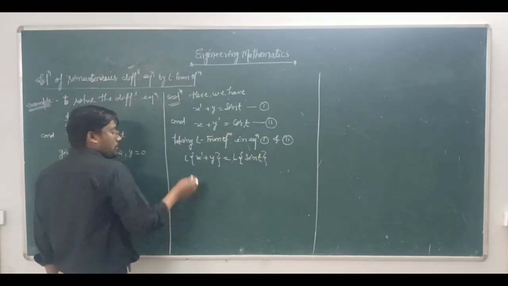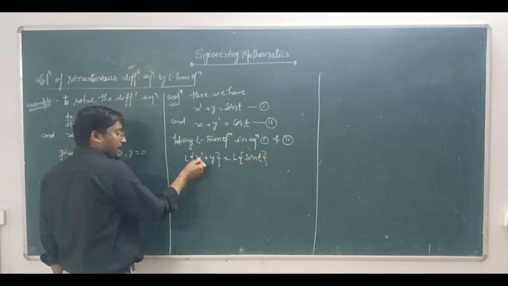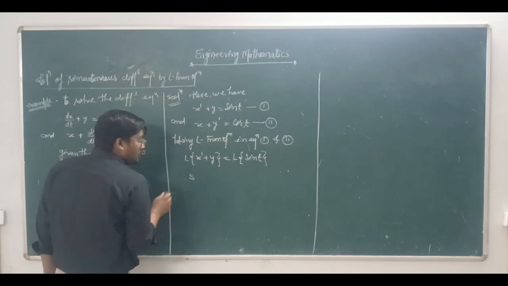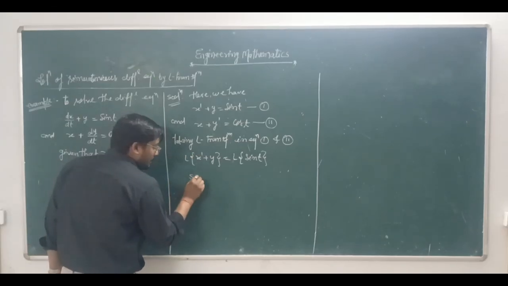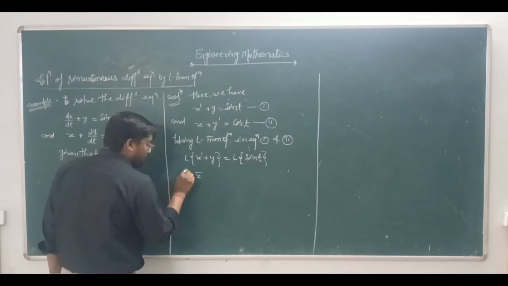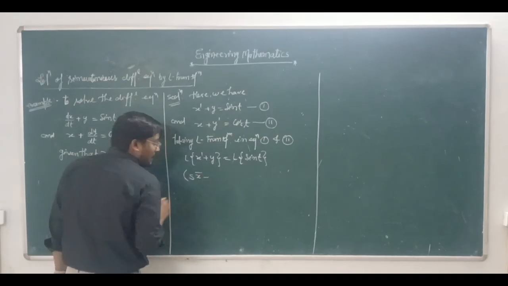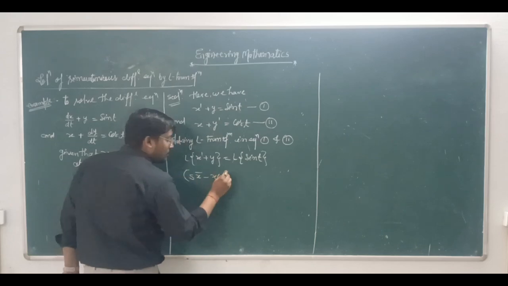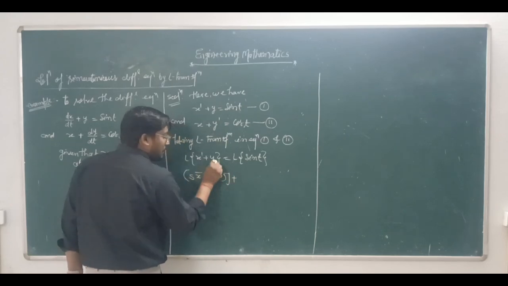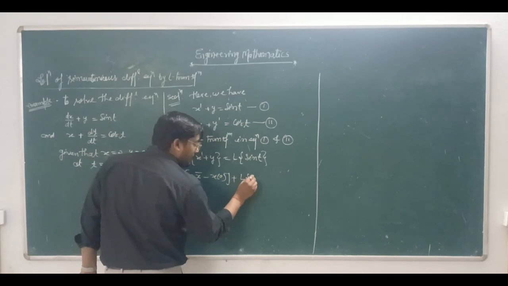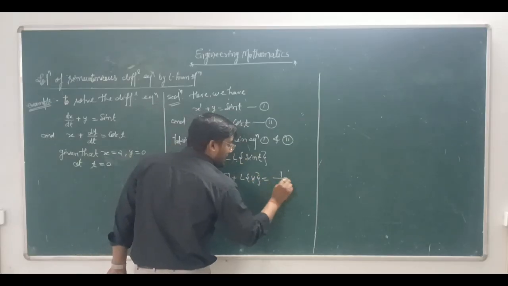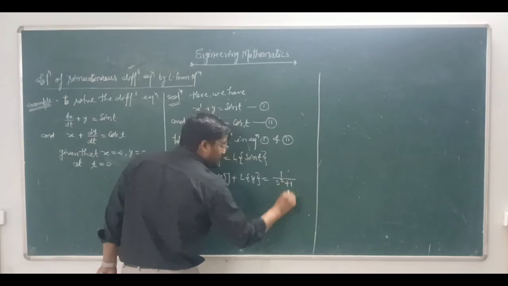Now x dash means s x bar minus x0, plus Laplace of y, is equal to Laplace of sin t, which means 1 upon s square plus 1.